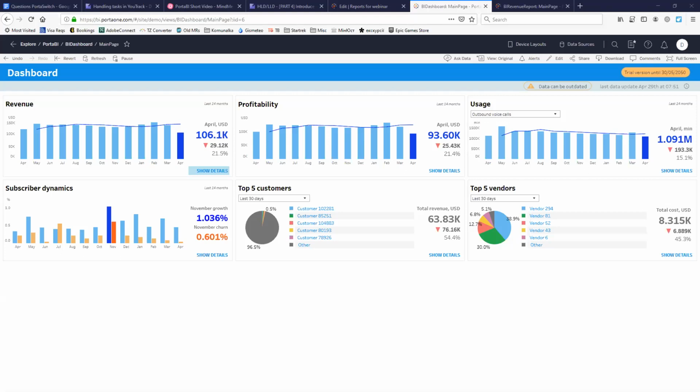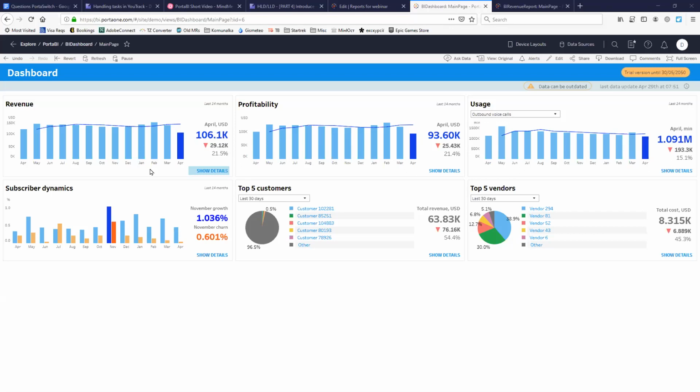So it's not up-to-date, it's not a live data feed. It doesn't get the most recent information for May, for example. It stopped somewhere around the 20th of April. I don't remember the exact date, but you can see that for the last month, for revenue, for profit, for usage, it's a little bit lower than the previous months. That's because we stopped on the 25th of April or something like that.